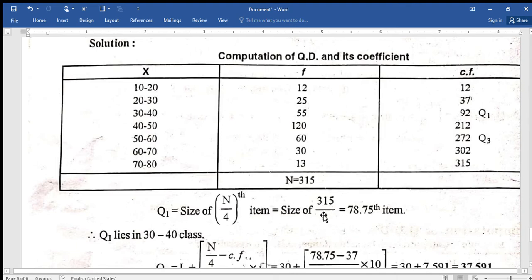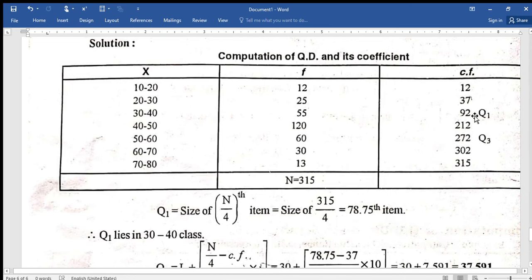If we simplify this, we get the value 78.75th item. So here the 78.75th item lies in between these two values. After 37, we get this value, the 78.75th item.